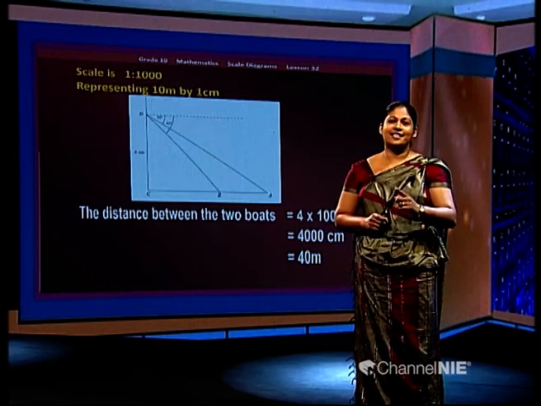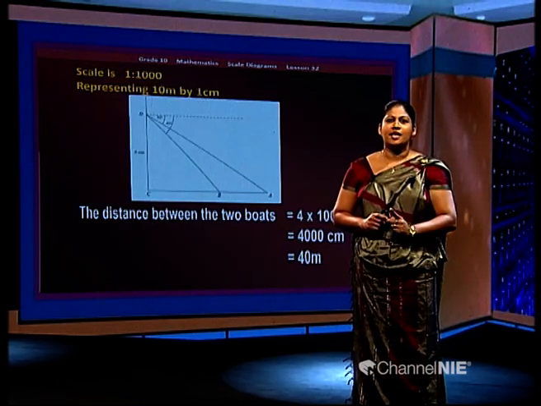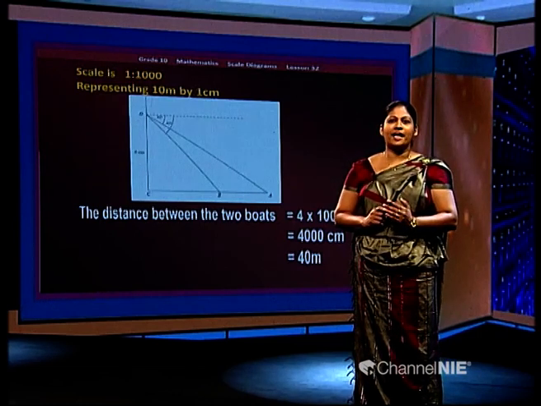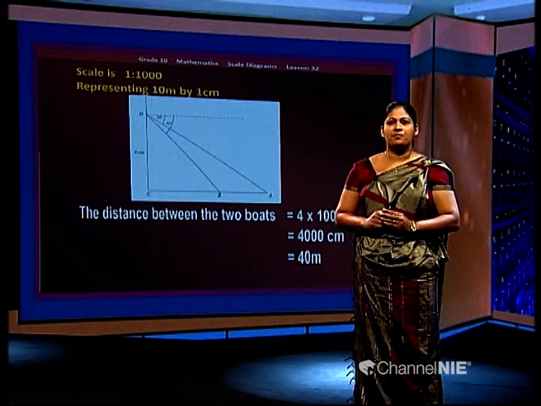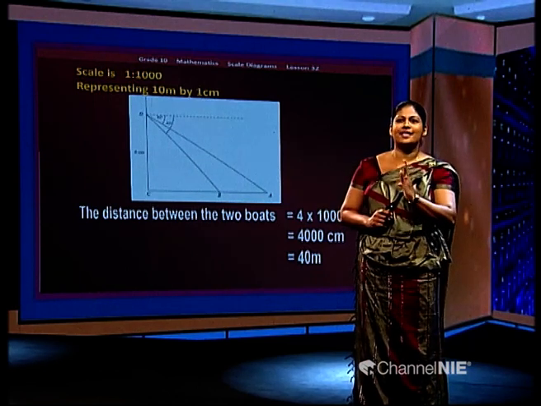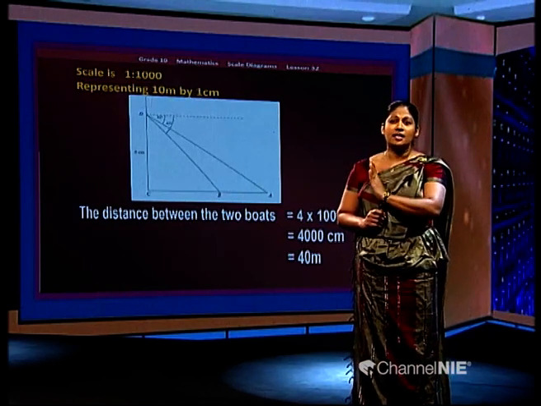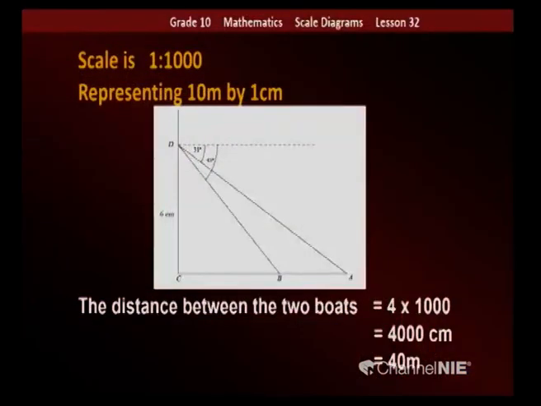If I use letters CD, I have to draw the line segment CD. Using a ruler, I have to get the scale length. What is the scale length there? If 10 meters is 1, then 60 meters is 6 centimeters. So, I have used 6 centimeters there.